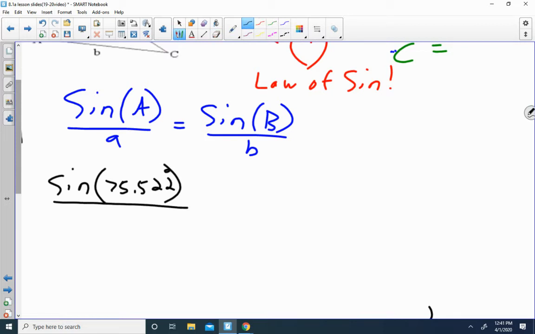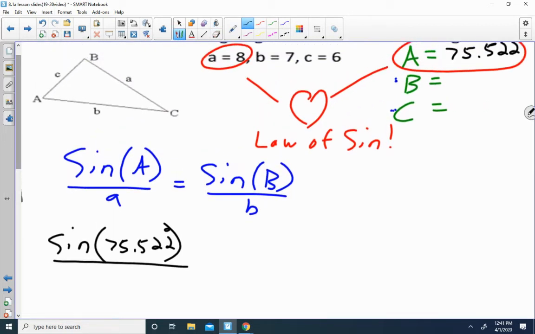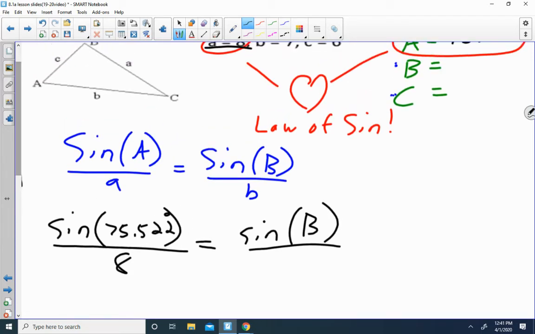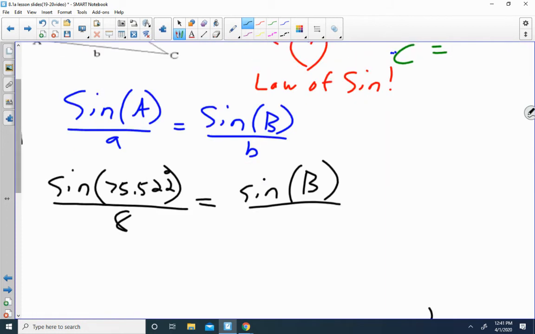And then little a, what did we say was little a? Little a was 8. And then you gotta do sine of big B. We don't know what big B is yet, but we do know little b. Little b we said was 7. Okay. So there you go.